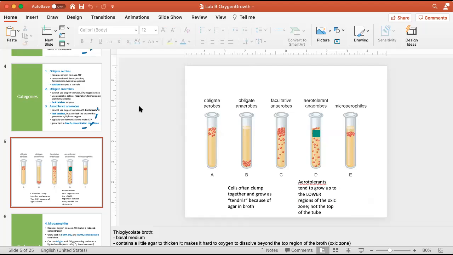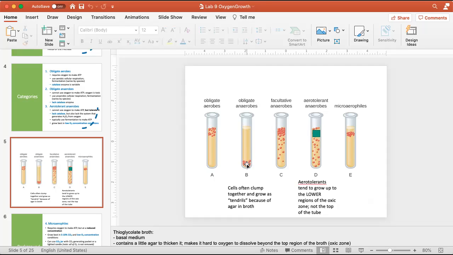Now, we do call it a broth, and it is semi-solid. It's not as solid as agar is, but it's thicker than regular water is. I like to think of it as having the consistency of maybe a thick soup. When you pour thioglycolate, it's thick.